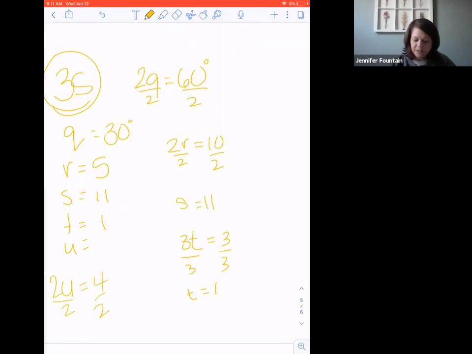Divide by 2, so U equals 2. The main thing about this, again, is understanding that because it's an isometry, whatever side corresponds with my side in my rotation, they are equal to each other. Therefore, I can set up an equation and solve for the variable. Any questions about that?